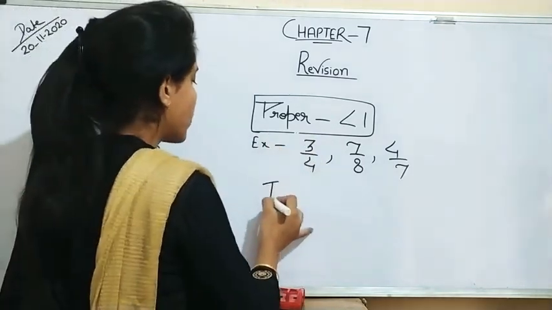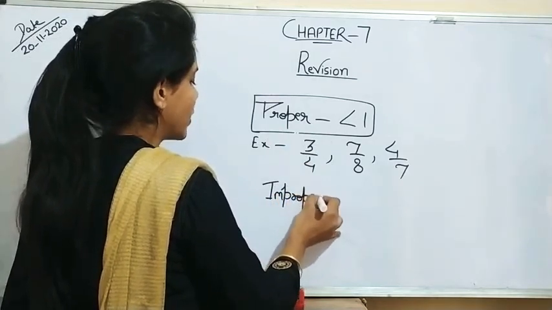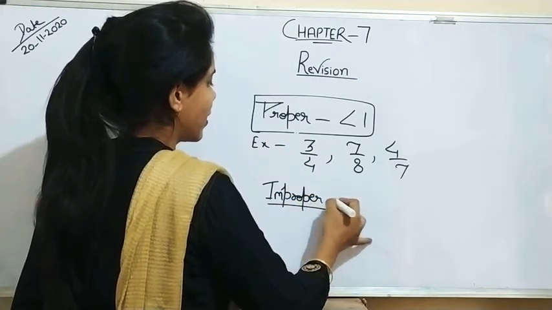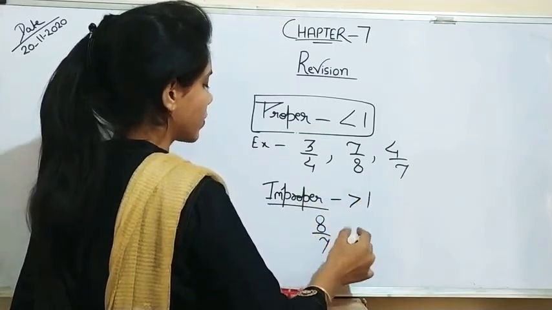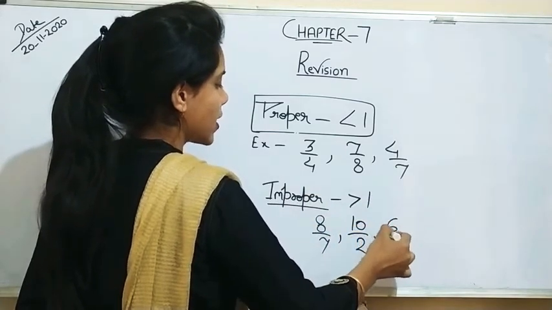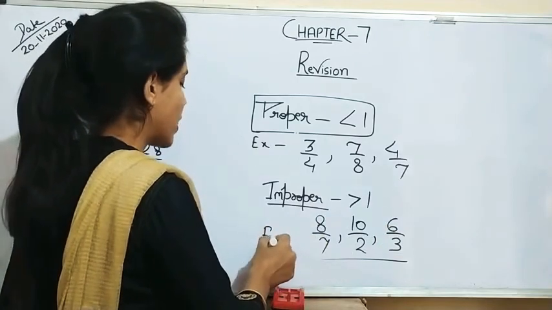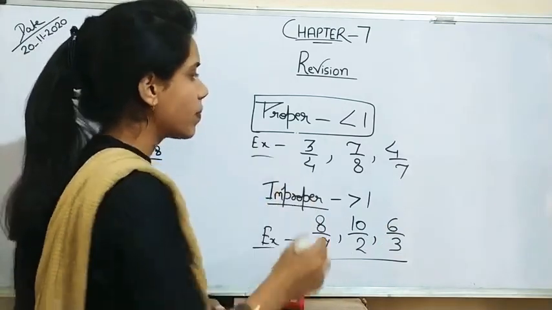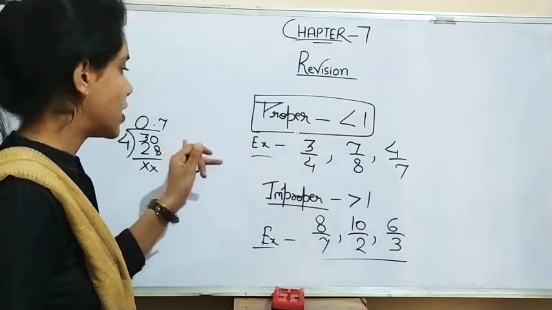What are improper fractions? These fractions are greater than 1. 8 by 7, 10 by 2, 6 by 3, in this way. All these are examples of improper fractions. So proper fractions are between 0 and 1.